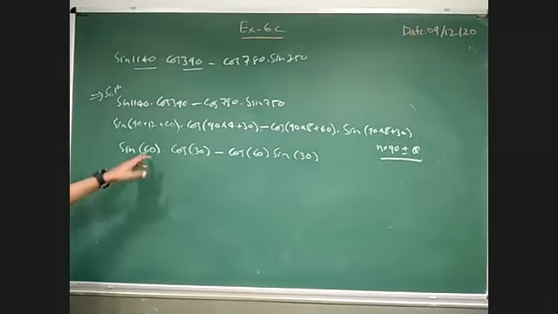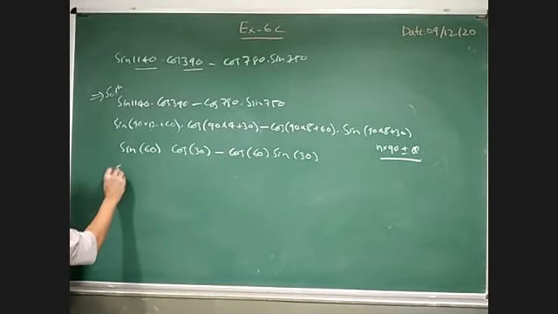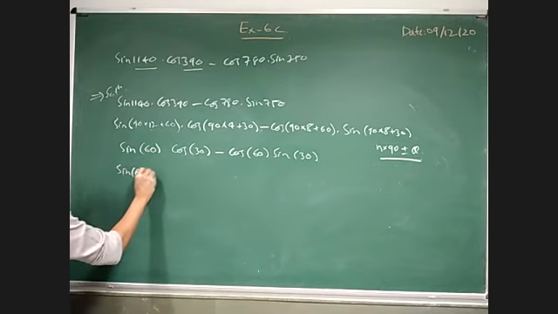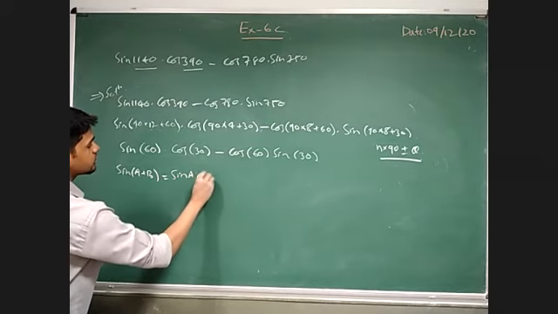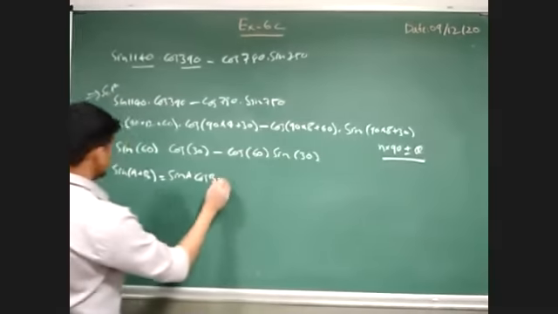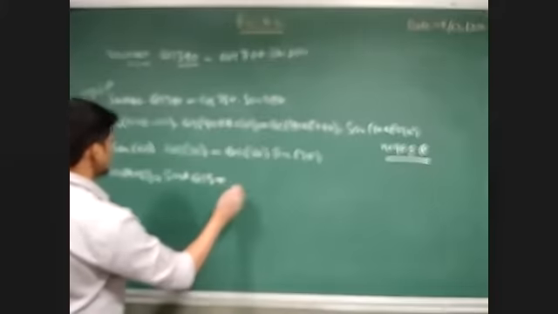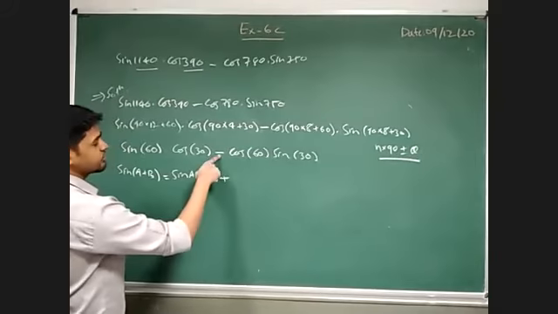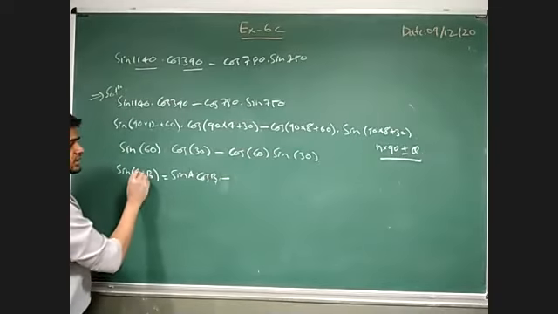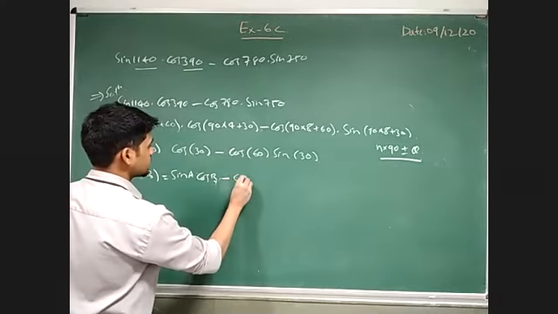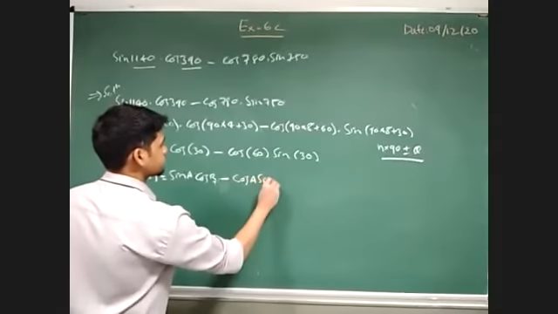Okay, so here I know the compound angle formula: sine a plus b is nothing but sine a cos b plus cos a sin b, or here we have minus. So if I am taking minus here, then I have to take minus there, then cos a sin b.